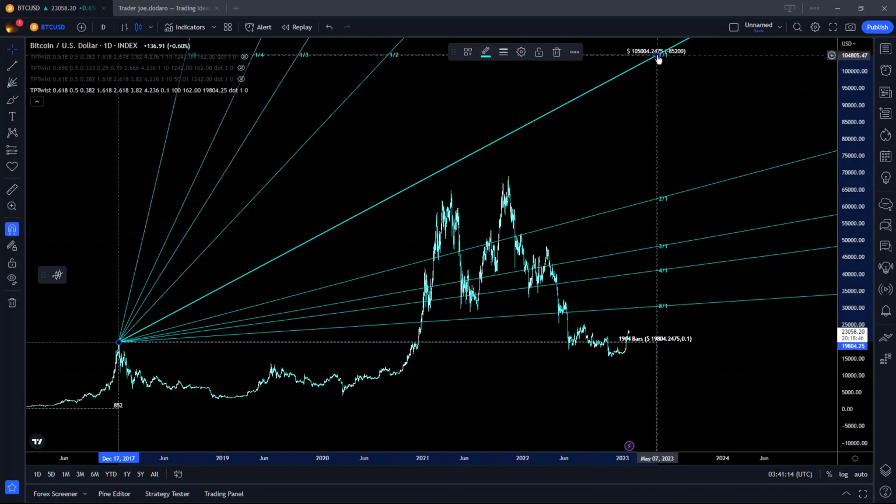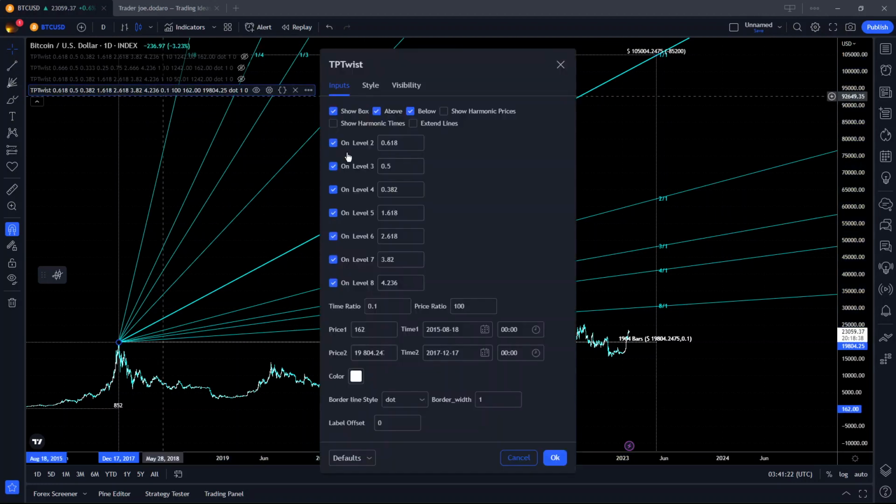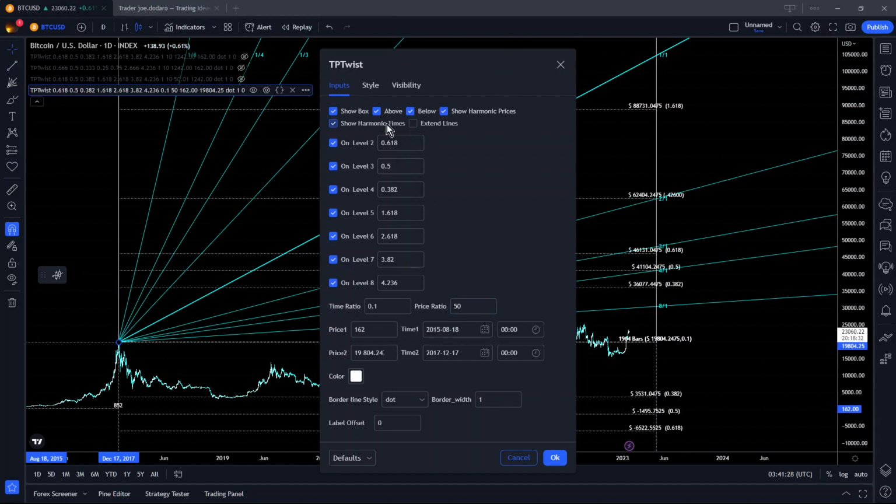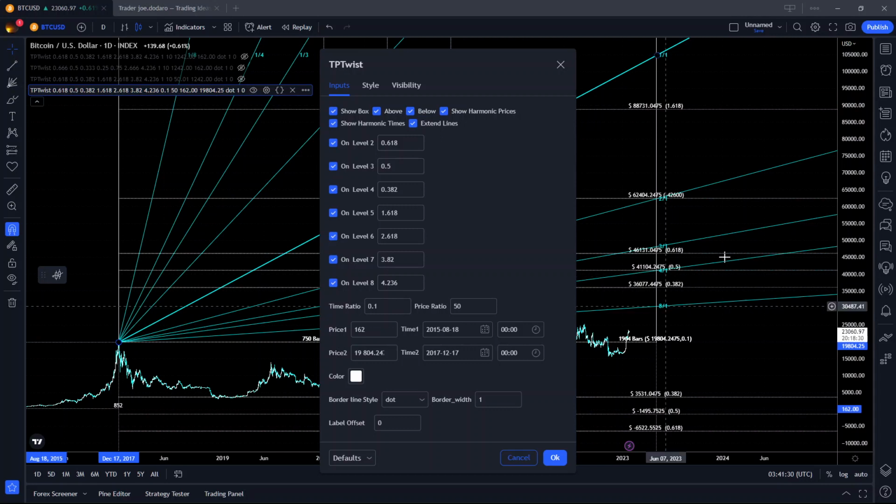Set that fan at the 1 to 1 and we can see the market's sitting below the 1 by 1 angle and sitting basically above the 2 by 1 angle. So instead of 100, maybe 50, right? Makes more sense. And then we can see the harmonic prices, the harmonic times, extend the lines.